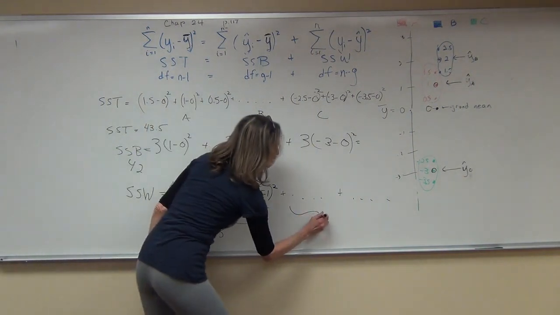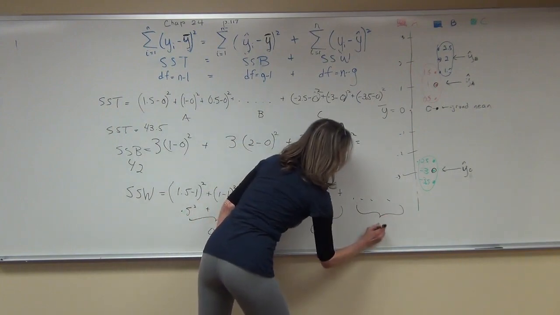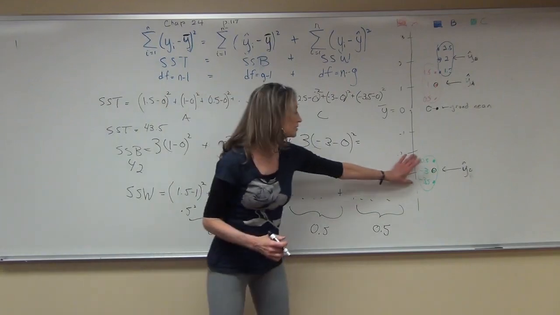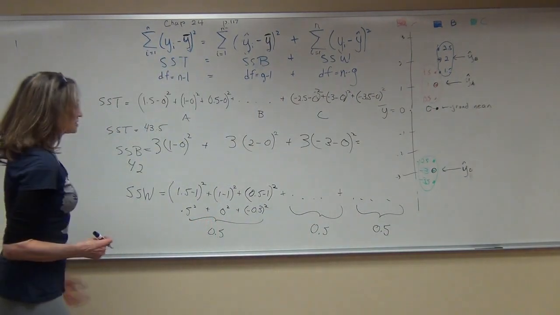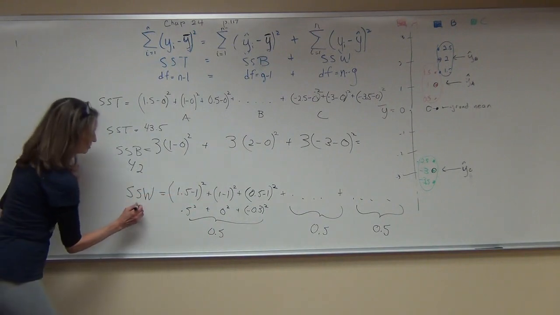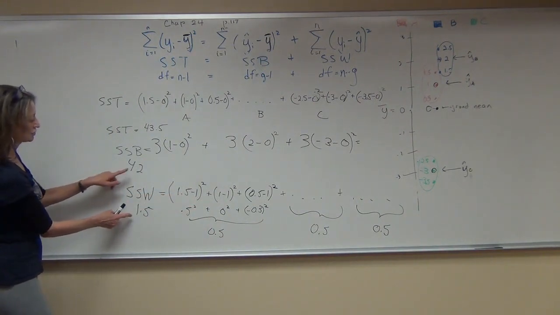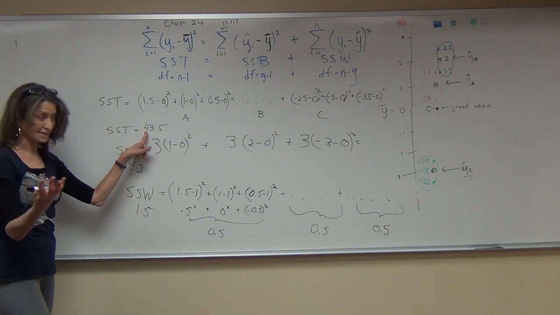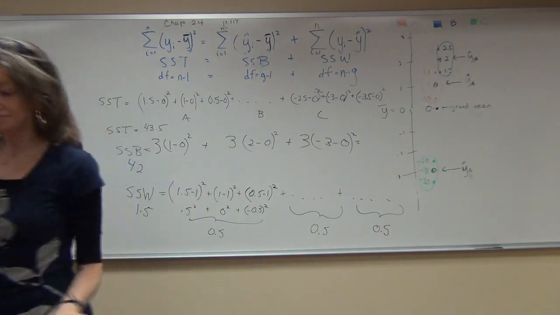This next one's also going to be 0.5, and the next one's also going to be 0.5. It's not always true, but for this problem, we have the same within group spread for each group. So that is 1.5, and we have to check, does 42 plus 1.5 add to 43.5? Yes. All right, so now let's go and fill out the chart.